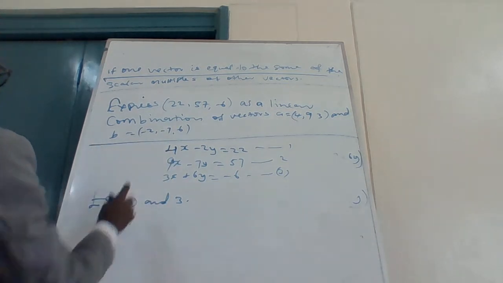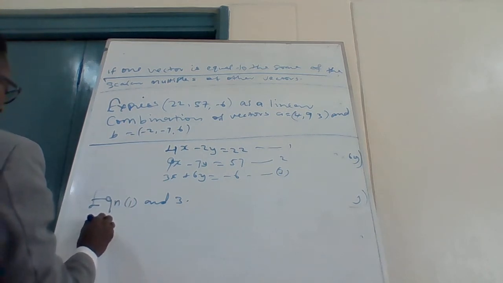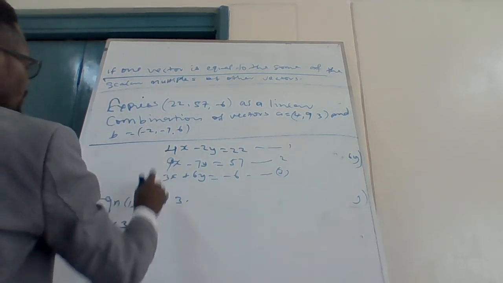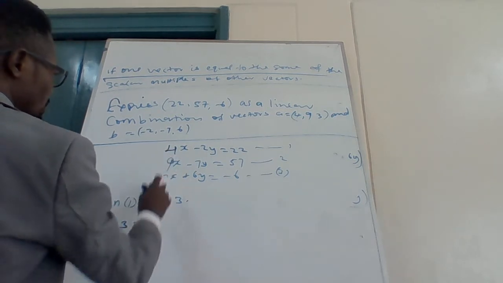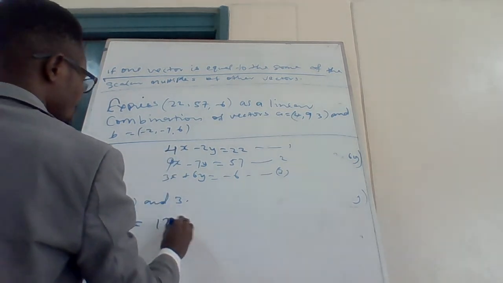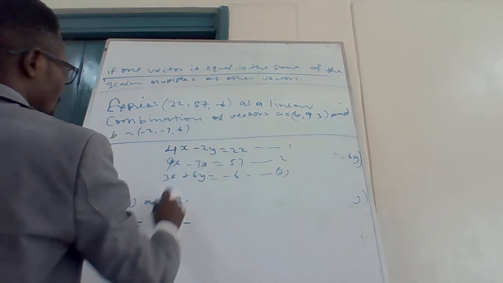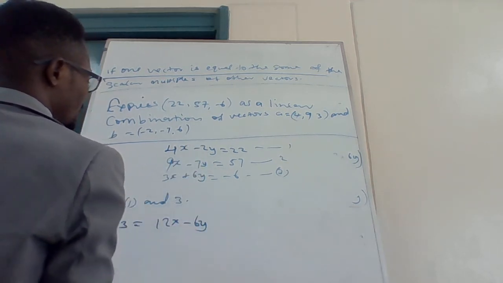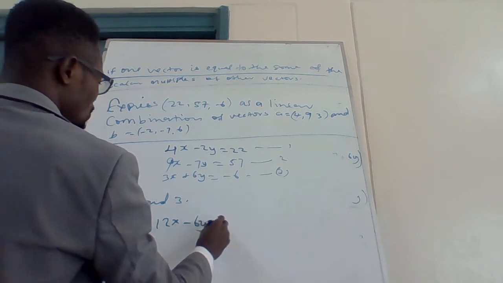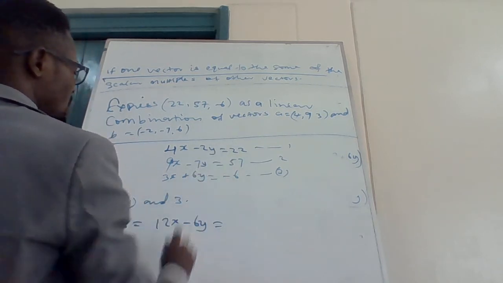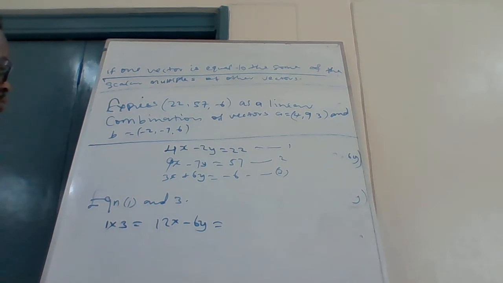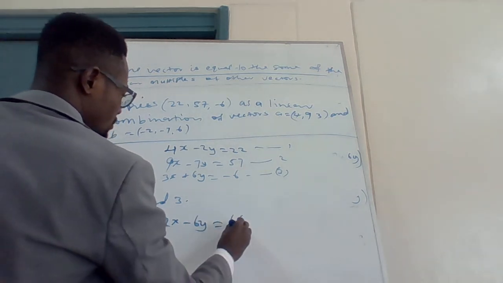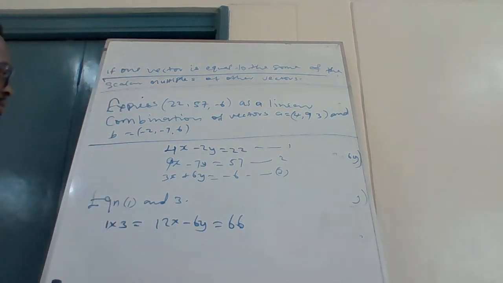So we can say that equation 1 multiplied by 3 means that 4 multiplied by 3 will give you 12x, minus 3 multiplied by 2y will be minus 6y, and 3 multiplied by 22 will give you 66.